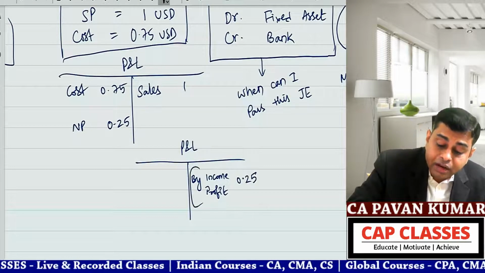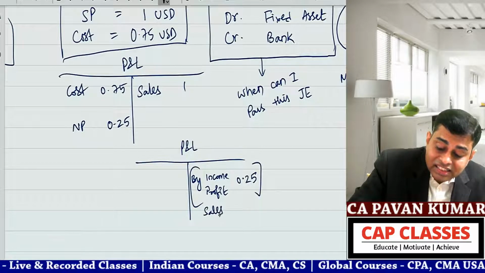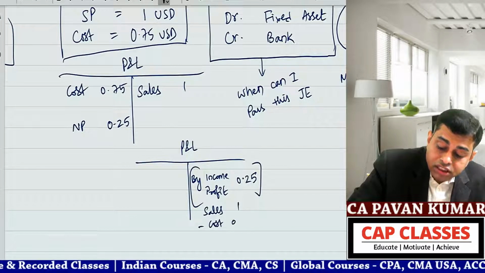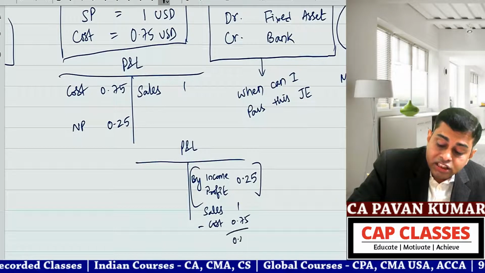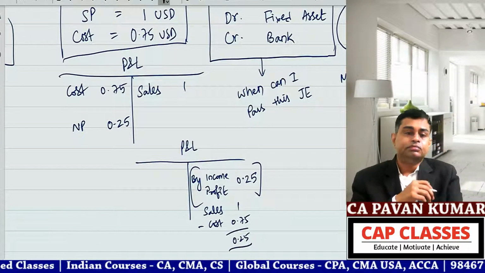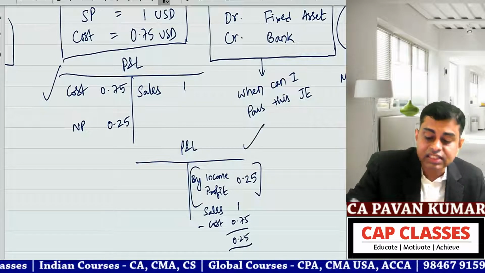This is nothing but I am writing sales 1 less cost 0.75 and I am showing 0.25 on the credit side. So is this allowed?